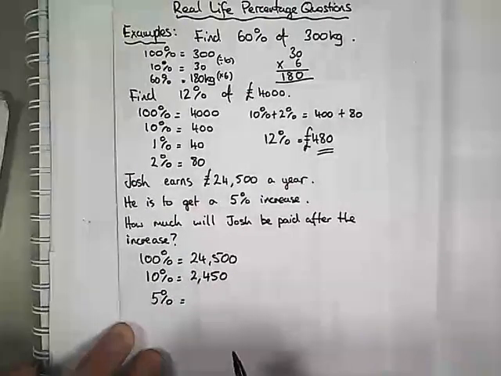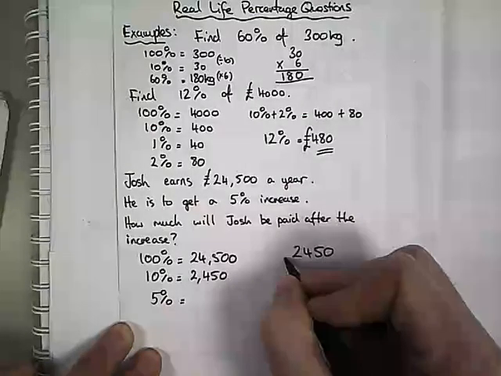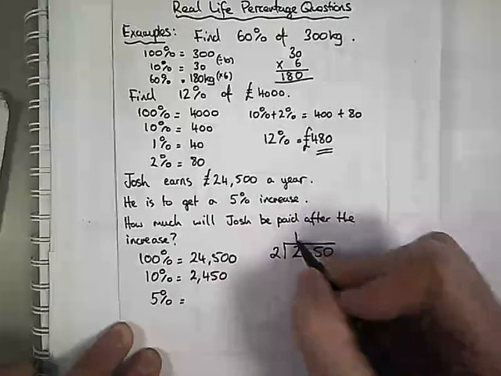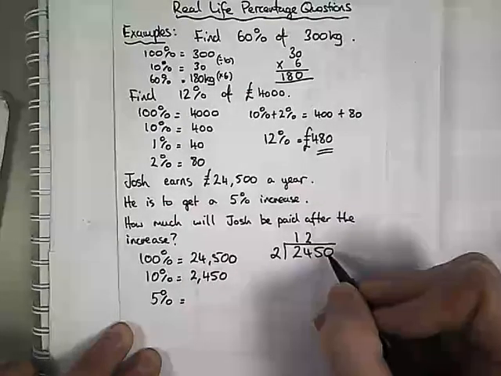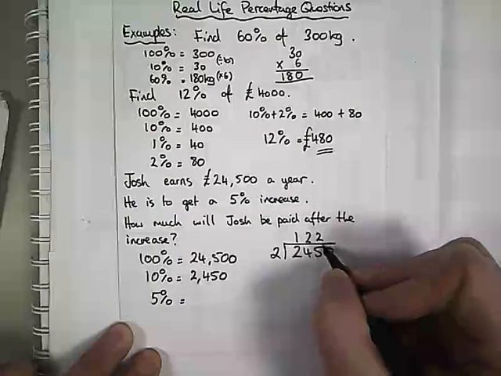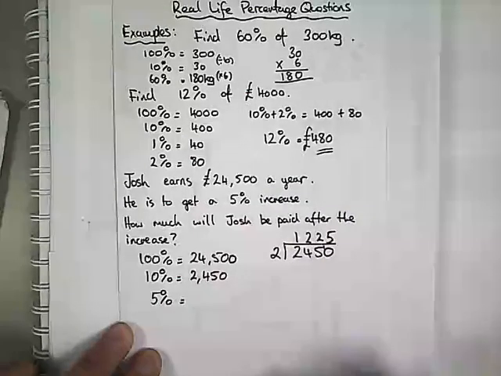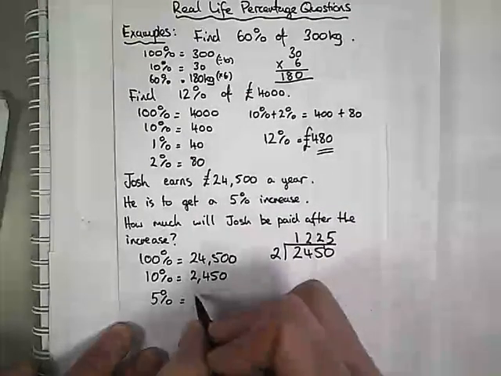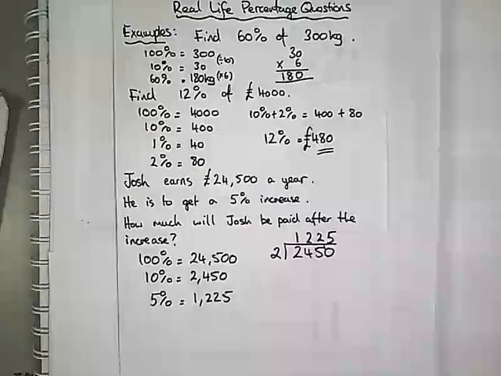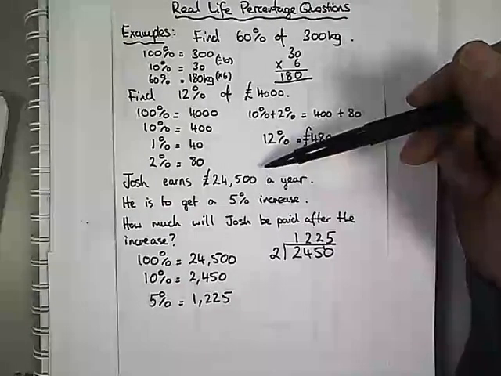The way we halve things is divide by 2. So 2,450 divided by 2 is 1,225. 2 2's go into 24 with... 2 2's go into 4 with 5 left over, then 5 2's go into 10... so 5% is £1,225.